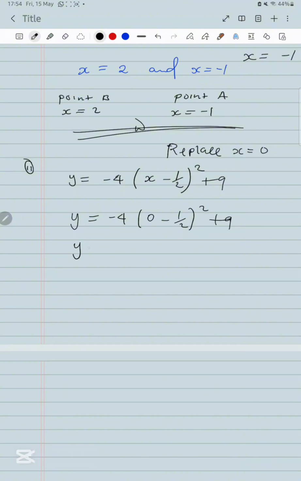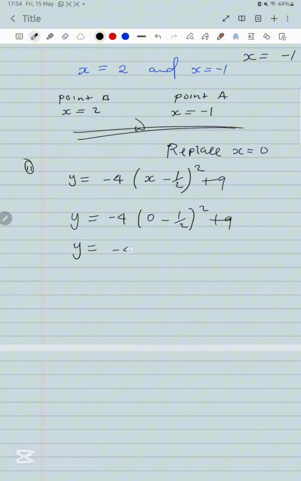So finally we have y is equal to -4 multiplied by 0. It will be 0. Now before putting 0, let us say 0 minus -1/2, it will be the same -1/2.